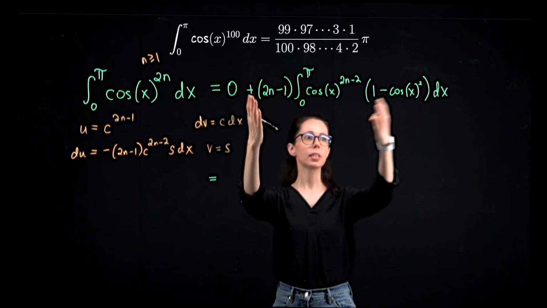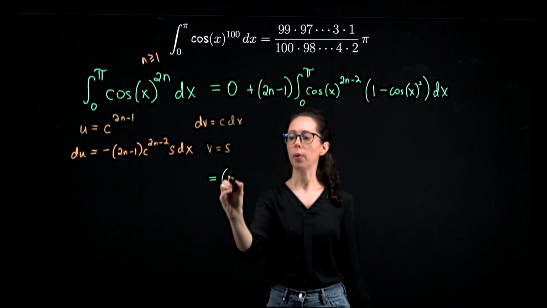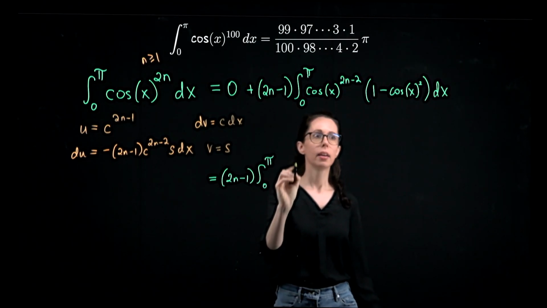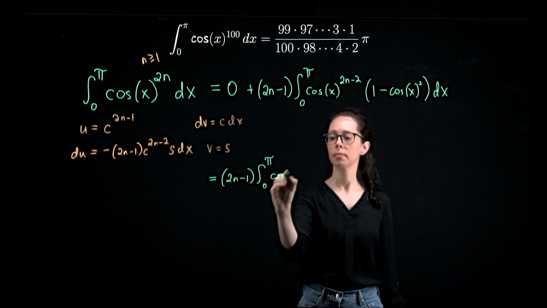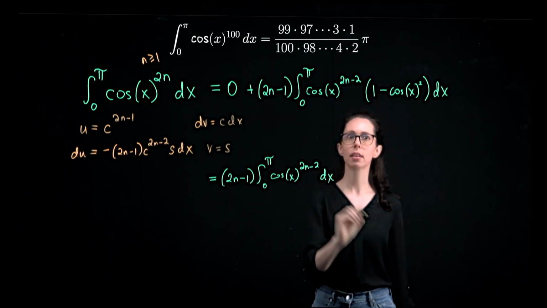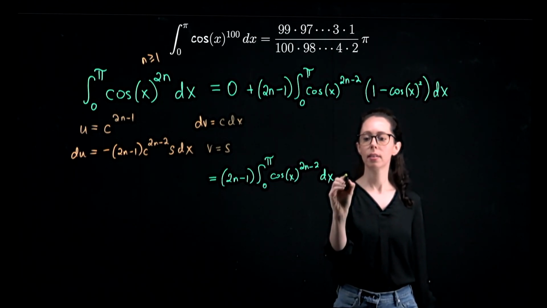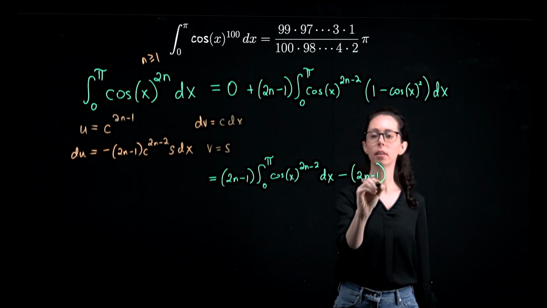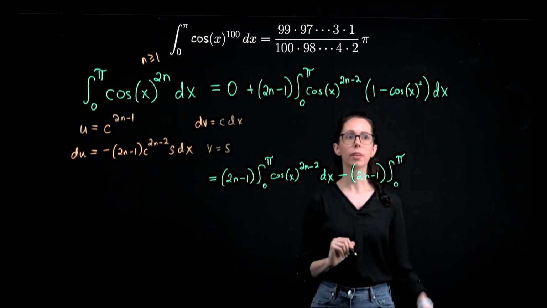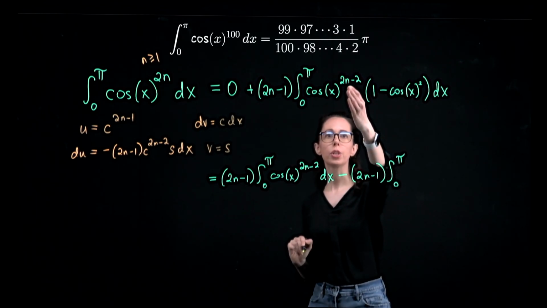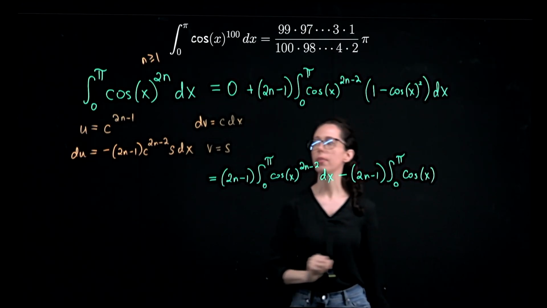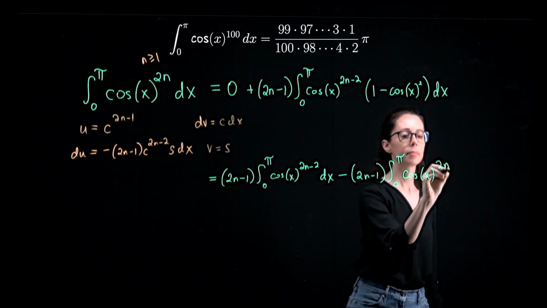If I break this expression up across that subtraction, I will have this leading coefficient of 2n minus 1 times the integral from 0 to pi of just the cosine function raised to the 2n minus 2 dx, and then minus 2n minus 1 times the integral from 0 to pi of cosine x to the 2n minus 2 plus 2, so cosine of x raised to the 2n power.